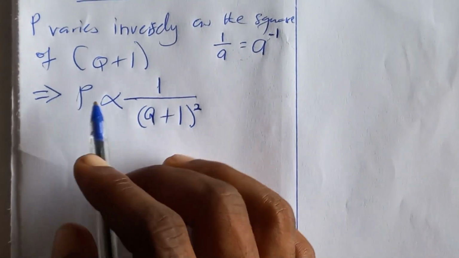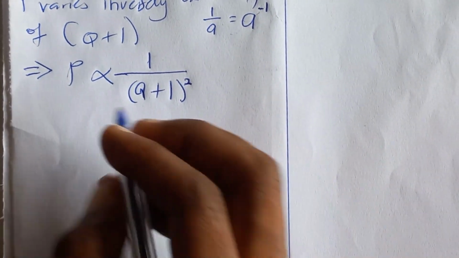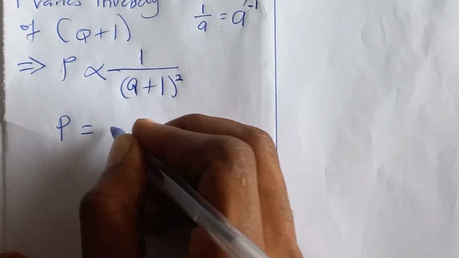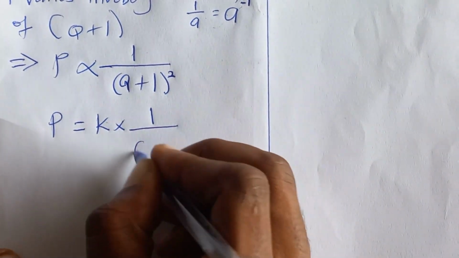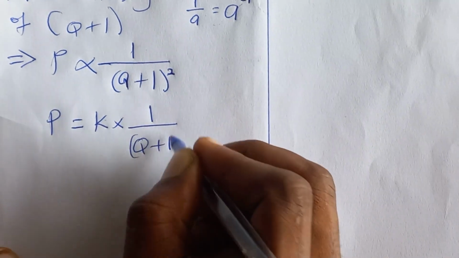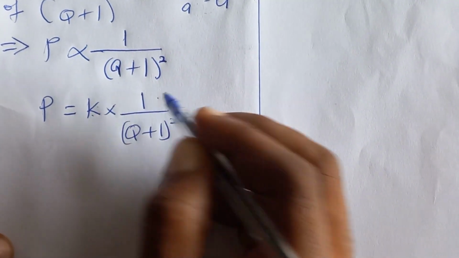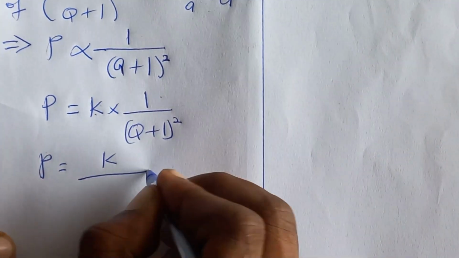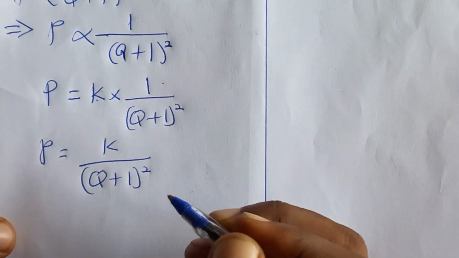So now we need to represent our proportional sign with a constant. Okay, so we can choose K. Say that P is equal to K multiplied by 1 on Q plus 1 all squared. And when you multiply K by 1, you are going to get P is equal to K on Q plus 1 all squared.